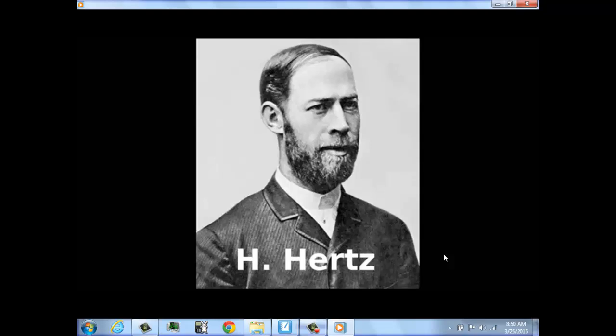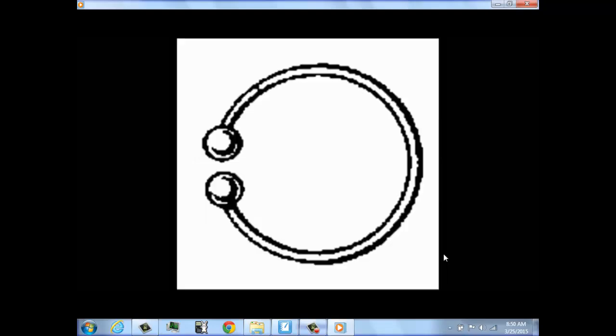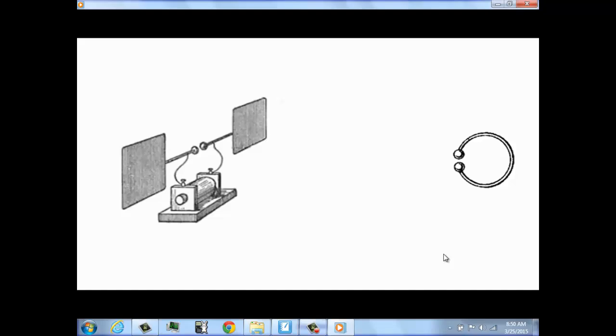Heinrich's equipment was simple: a spark generator coupled to an antenna and a metallic ring set at some distance apart. Heinrich proposed that the electromagnetic waves generated at the antenna will travel through space, and, if Maxwell's theory was correct, they would induce a current in the ring, and a spark will appear in the ring gap.